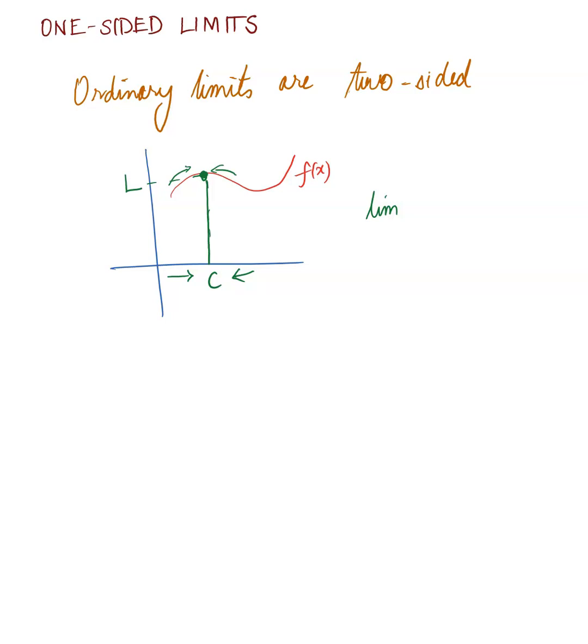Then I will say limit f of x as x approaches C is equal to L, right? So from both directions it points to the same limit. So ordinary limits are this way.